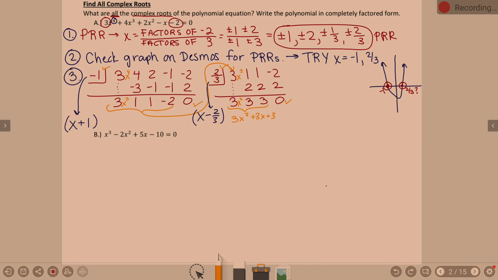So here's what we have to solve, guys. We have to solve 3x squared plus 3x plus 3 equals 0. Do we have answers? The answers are going to be imaginary, so it's not going to factor.